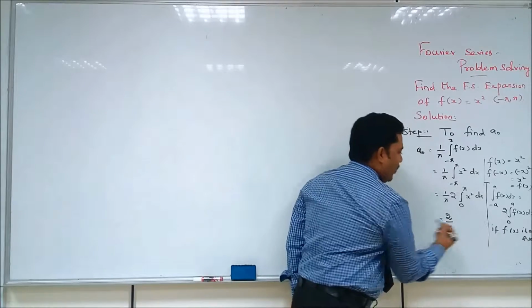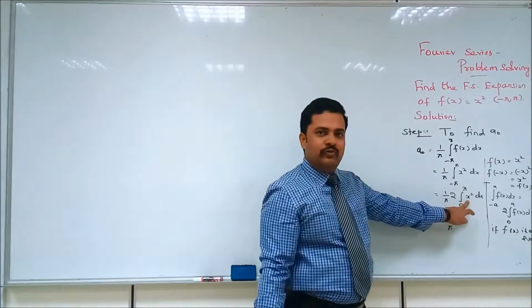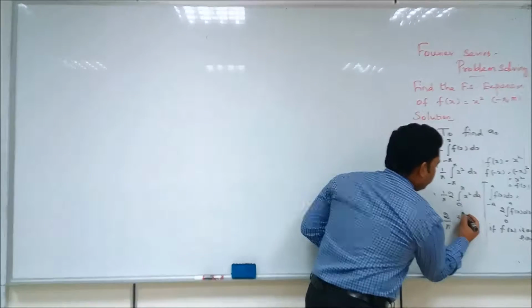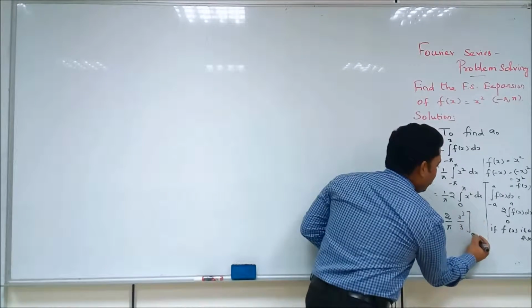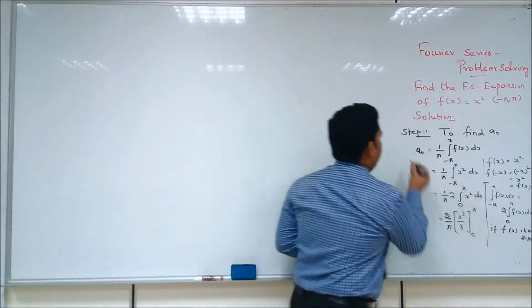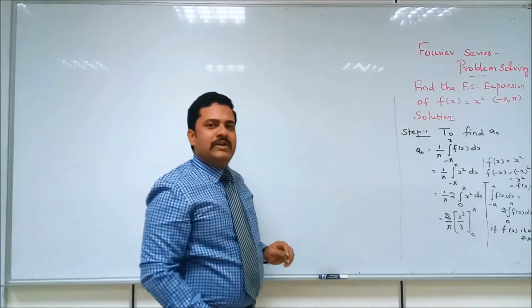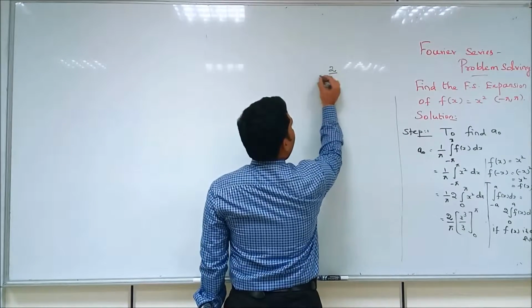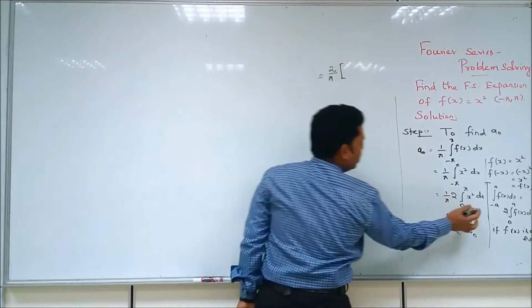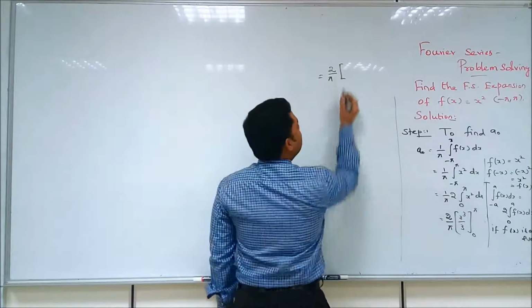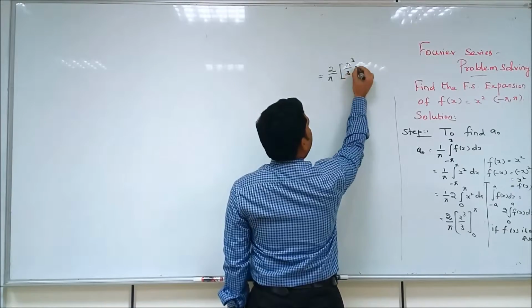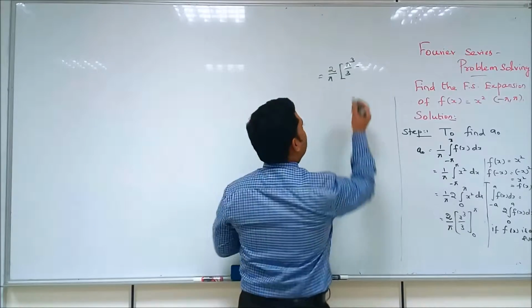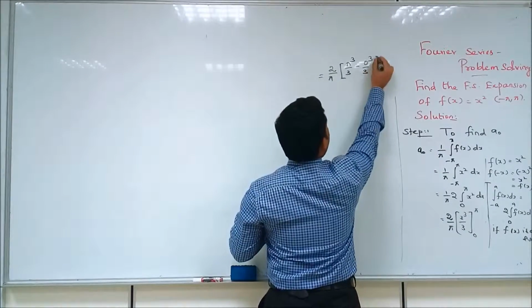So this is 1 by pi into 2, that is 2 divided by pi integral of x power 2. What is the integration of x power 2? That's an easy one: x power 3 divided by 3 from 0 to pi. Substitute your upper and lower limits here. So this is 2 divided by pi into pi power 3 divided by 3 minus 0 power 3 divided by 3.